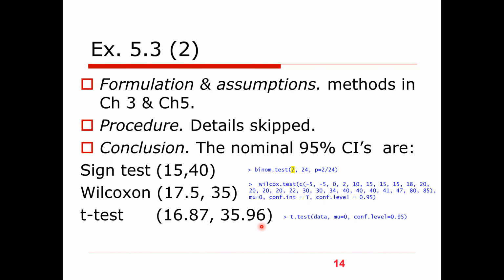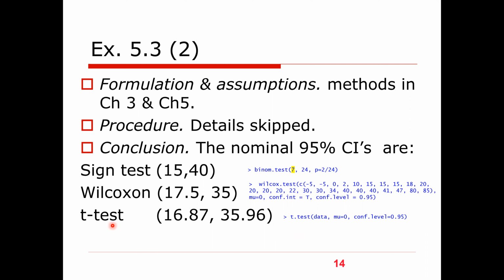That's how we get the sign test confidence interval using the binom test here. And Wilcoxon is simpler because we can just define conf.int as true to get this 95% confidence interval.